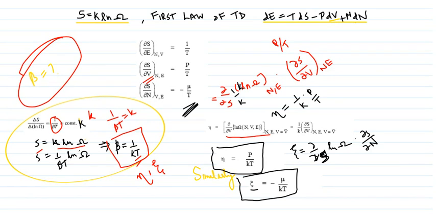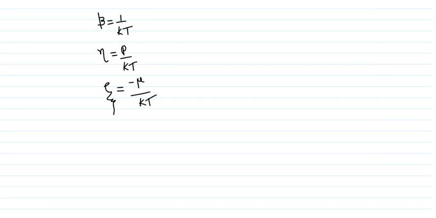So what you get is minus mu by kT by a similar approach. So in principle you have three relations, with beta equal to 1 by kT, eta equal to P by kT, and psi equal to minus mu by kT.